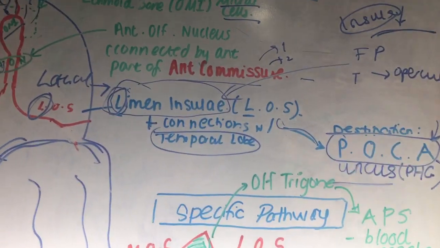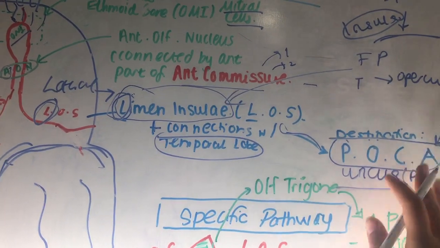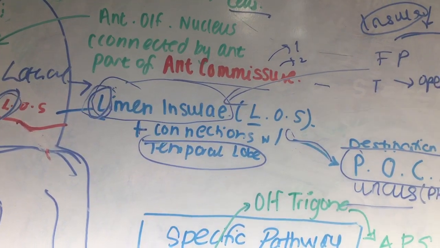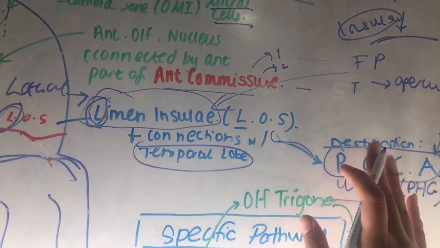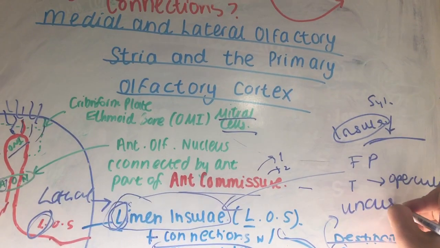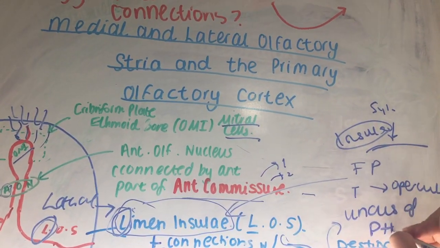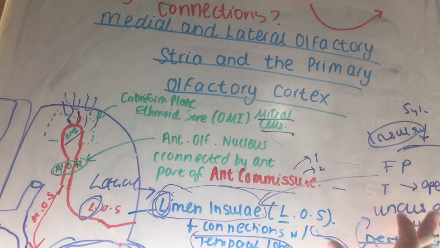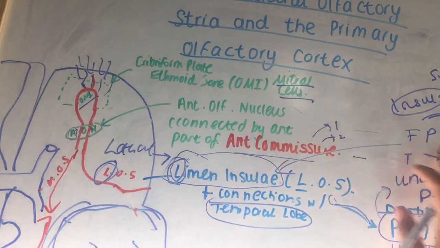Now that's where we would find the primary olfactory cortical area. So once again, most simply put, the primary olfactory cortical area is the uncus of the parahippocampal gyrus. Now that is where the lateral olfactory stria would have gone to.